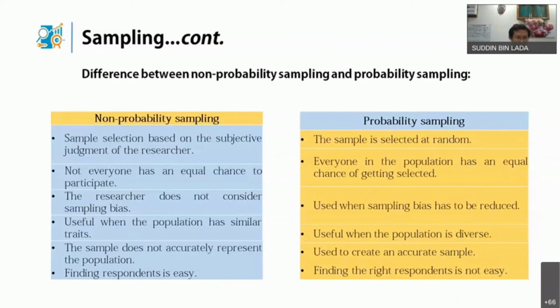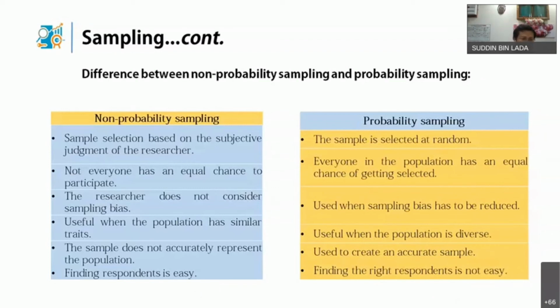Then the fourth one: non-probability sampling is useful when the population has similar traits and characteristics. Then the fifth one: the sample does not accurately represent the population.